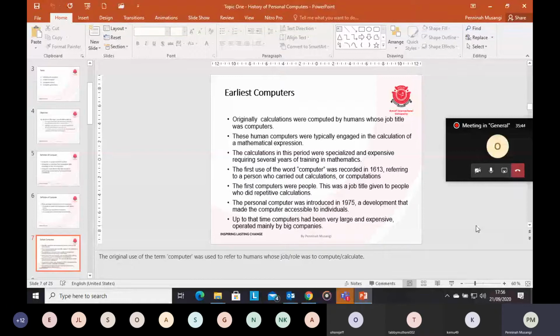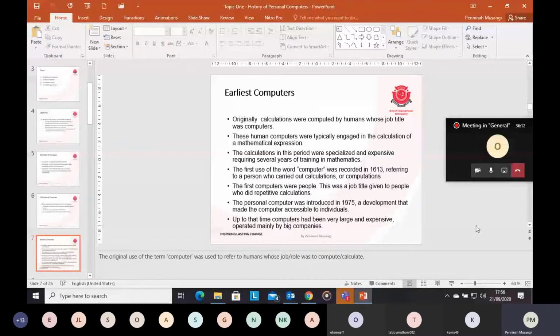So these human beings, we can call them human computers, were typically engaged in the calculation of a mathematical expression. So they were basically involved in performing mathematical expressions. And for you to qualify to be a human computer, it required you to undergo a period of specialized training.